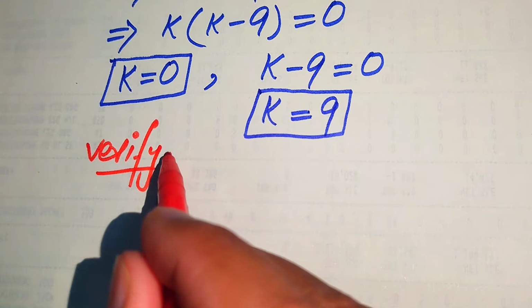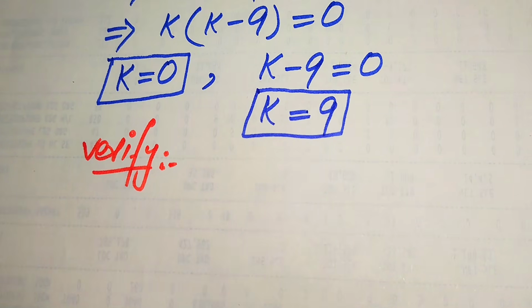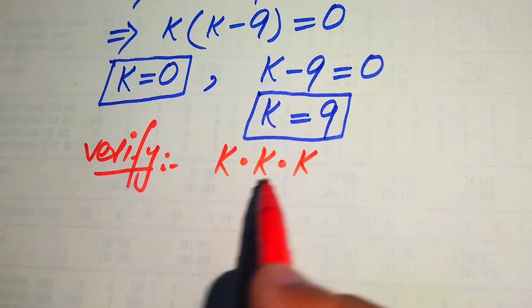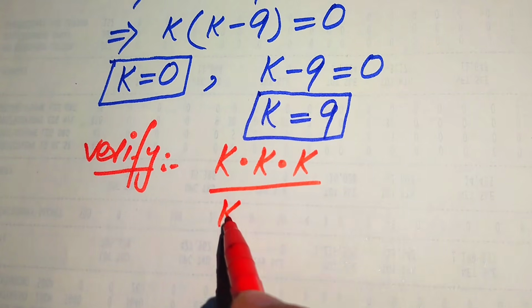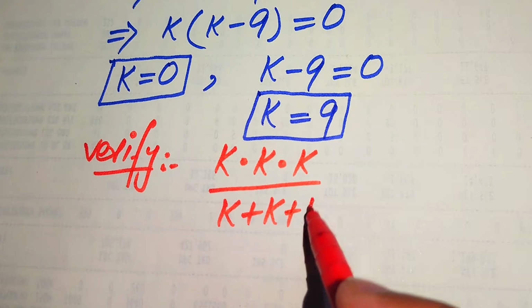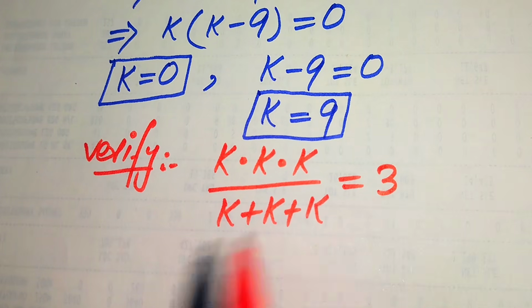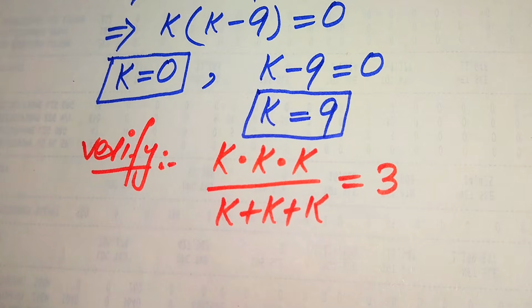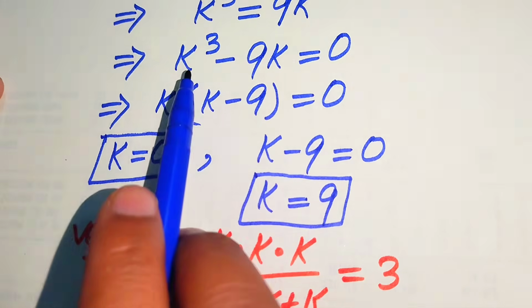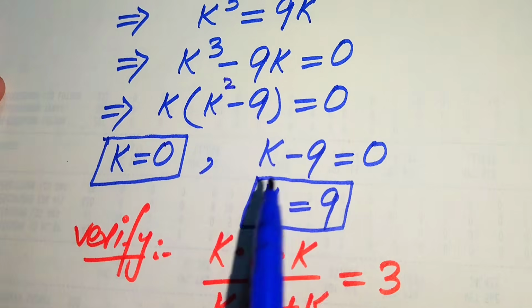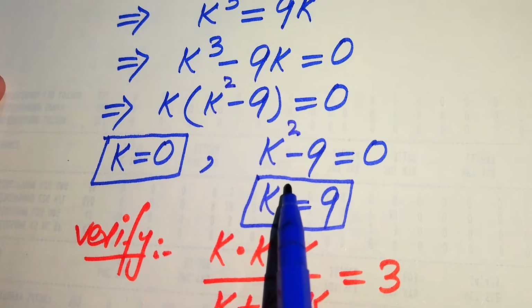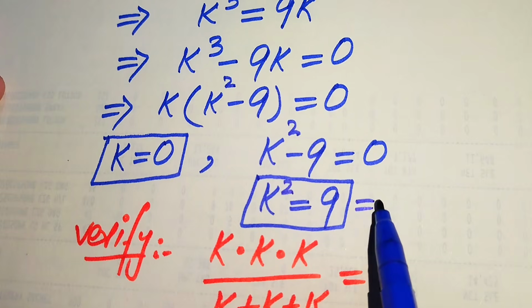For verification of these roots, we need to copy down the given question statement. Here it is k multiplied by k multiplied by k divided by k plus k plus k is equal to 3. So this is our given question statement, and here we have a little mistake. You see here when we take common k, we get k square. So this factor becomes k square minus 9, and when we move this 9 to the right hand side, it becomes k square equals 9.